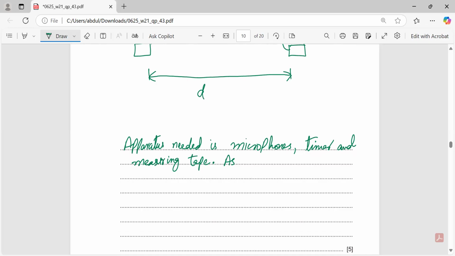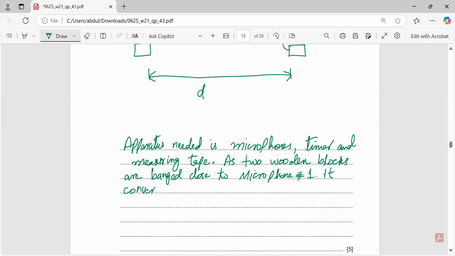As two wooden blocks are banged close to microphone number one, it converts sound energy to electrical energy.